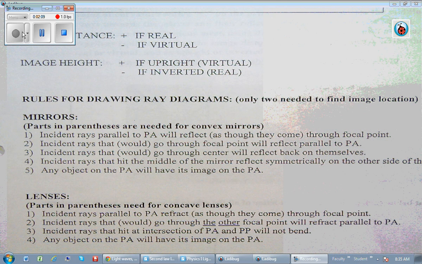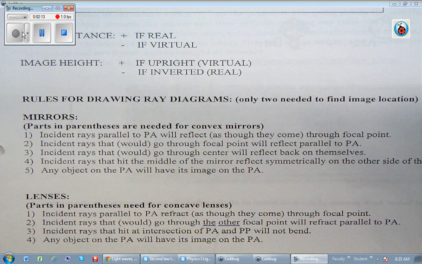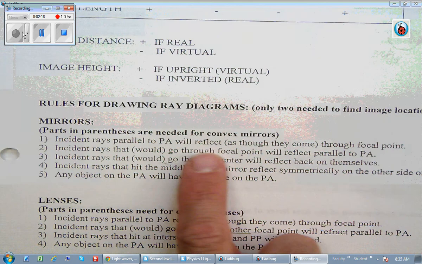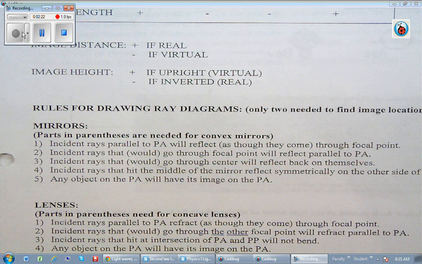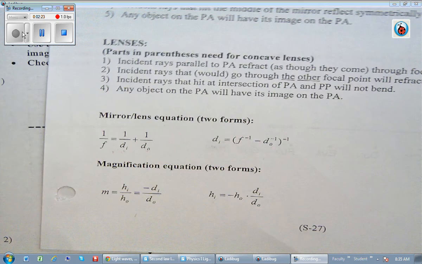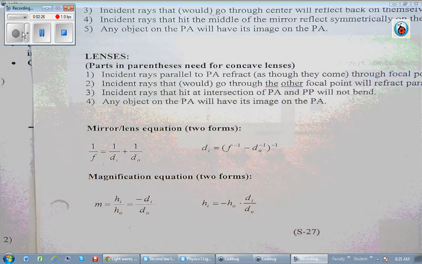On this particular problem, we're going to need to use the part that's in parentheses. It says only needed for convex mirrors. So when I read those, you'll notice I include those words as well. And then down at the bottom of this page, there are the equations that we'll do at the end.